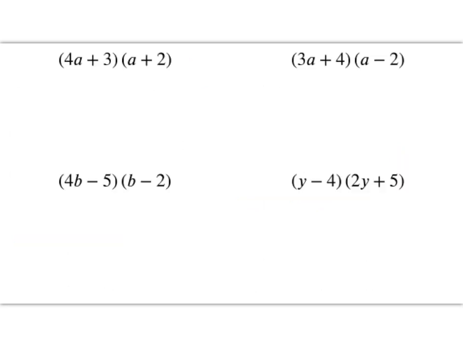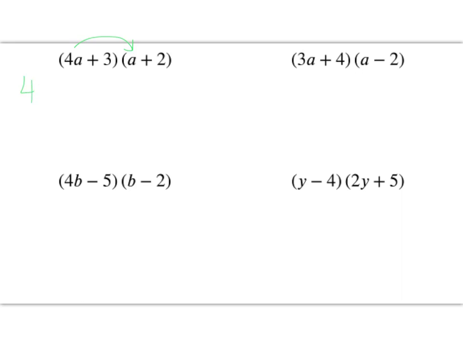Today, we are going to multiply these using the distributive property. We are going to show those steps, and as we get more experience with it, we'll begin to show less. So this is the distributive property, so I'm going to take this 4a and I'm going to distribute it to everything in the other binomial.